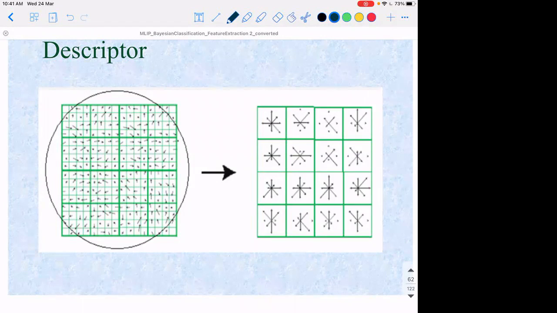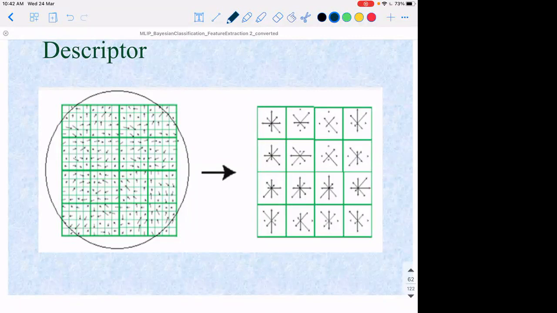Essentially, the objective may be to find a feature vector around a given key point, or to find a feature vector for the whole image. It can be either way. In some applications, you are only interested in the feature vectors around the key points. In other applications, you may be interested in the feature vectors for the whole image.